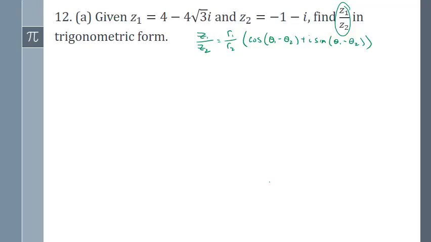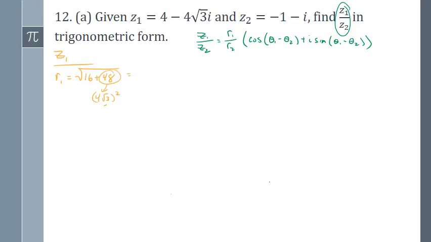So let's start with z1. It has an r of the square root of 16 plus 48. The 48 comes from 4 rad 3 squared.